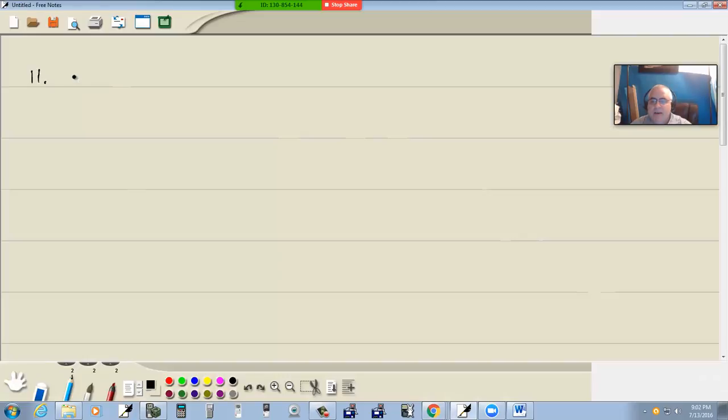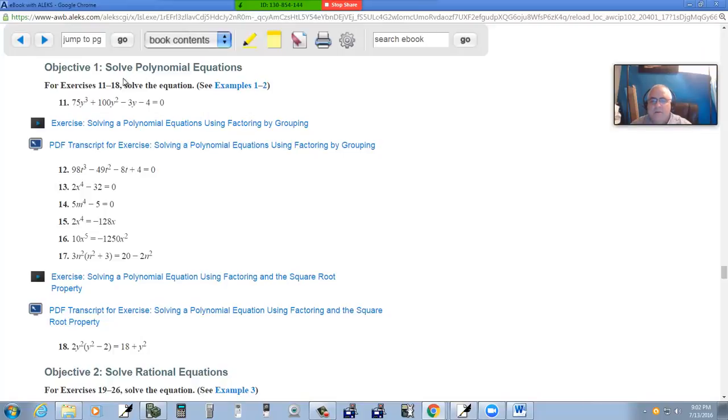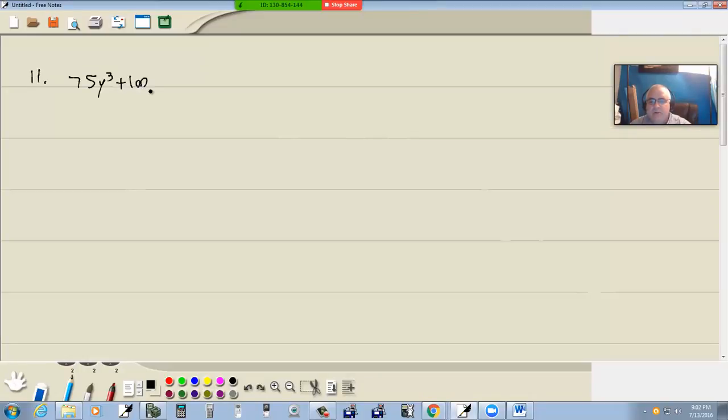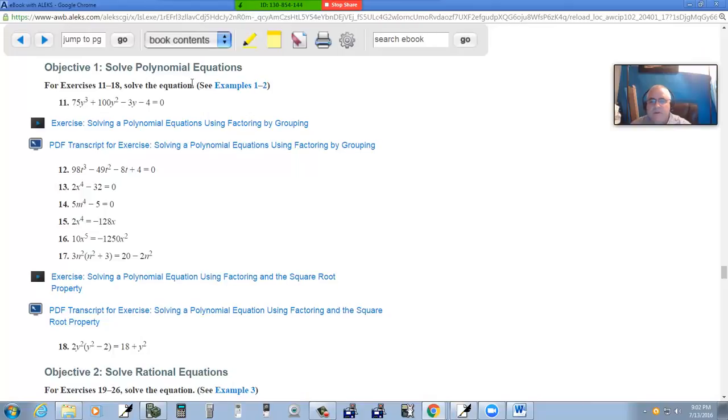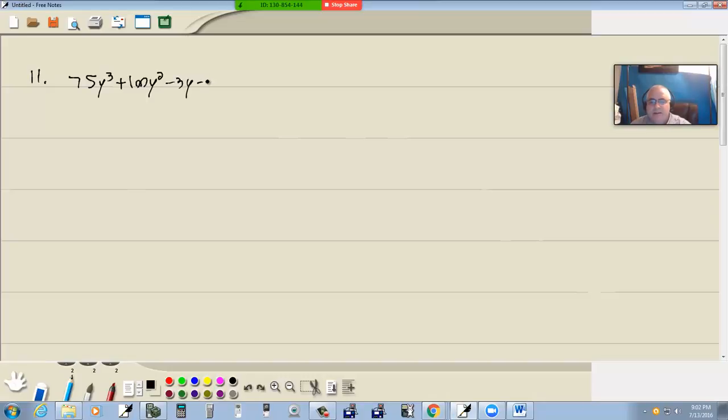We got 75y to the third plus 100y squared minus 3y minus 4 equal to 0. What's the difference here? Well, your factoring's harder to begin with. This one right here, 4 or more terms, that's factoring by grouping.